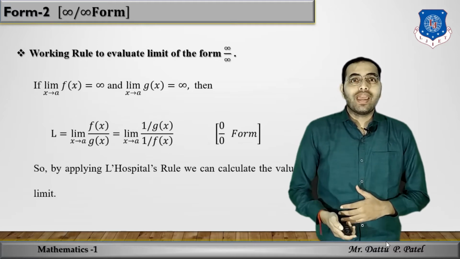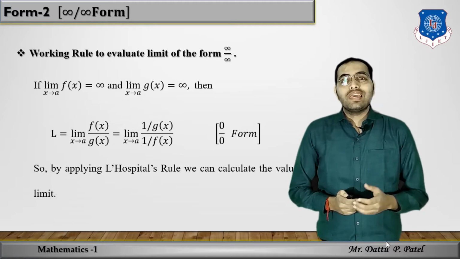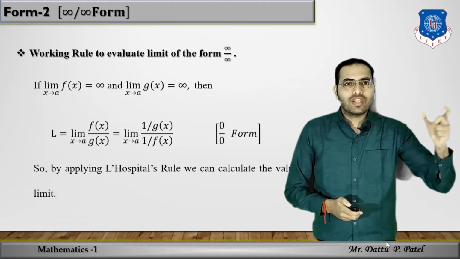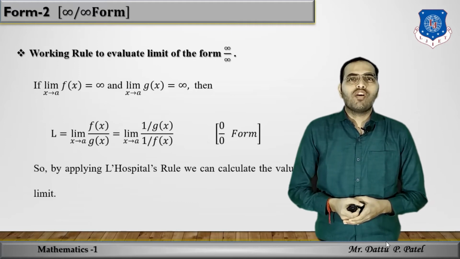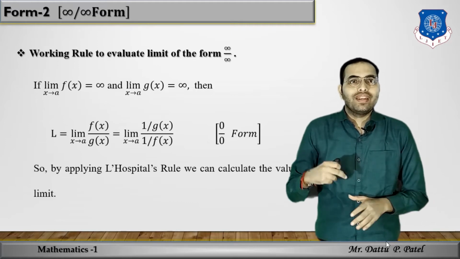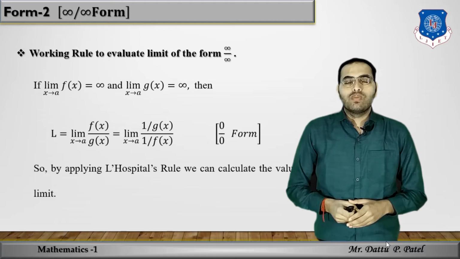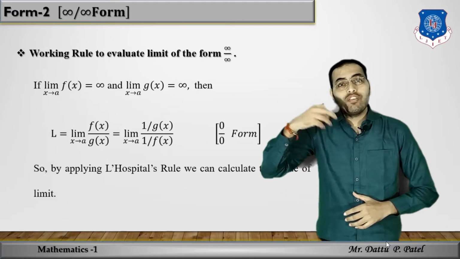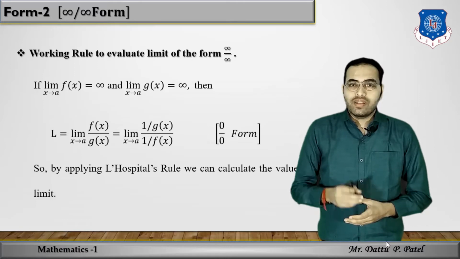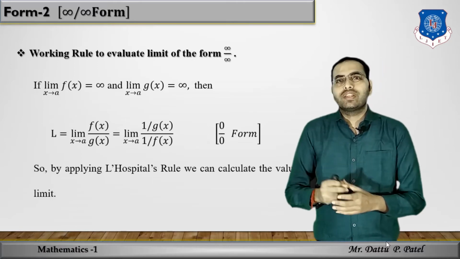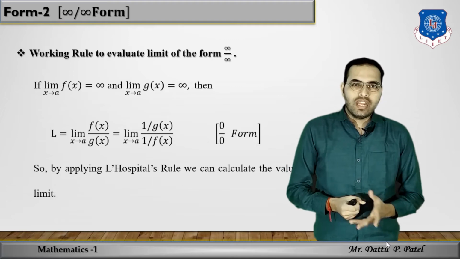We apply the L'Hopital rule only to the 0 by 0 and infinite by infinite forms. For the other indeterminate forms, we cannot apply the L'Hopital rule directly. Firstly convert them into 0 by 0 or infinite by infinite form, and after that we can solve that type of indeterminate form.